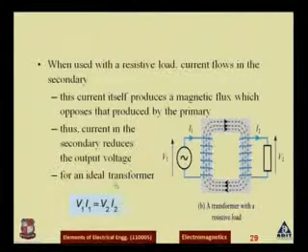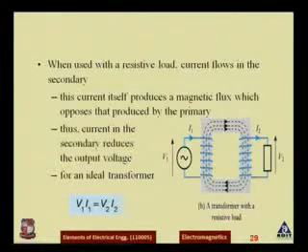Okay, when we use a transformer with a resistive load, current will flow in the secondary. This current itself produces a magnetic flux which opposes that produced by the primary. Thus the current in the secondary will reduce the output voltage.